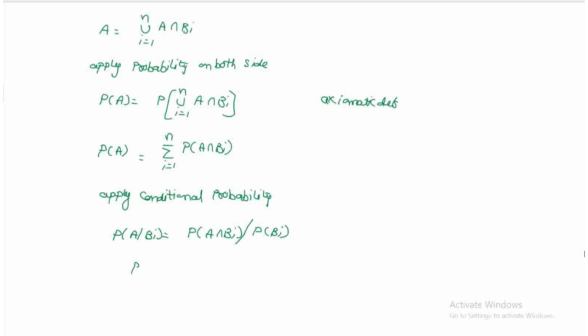Then we can write the probability of A intersection Bi equal to probability of A given Bi into probability of Bi.